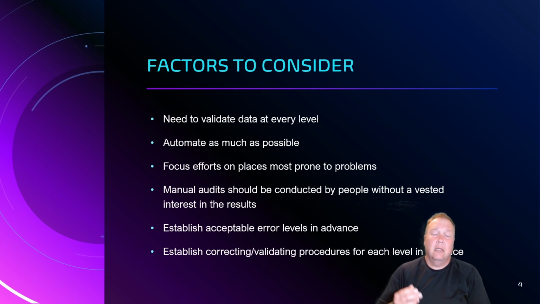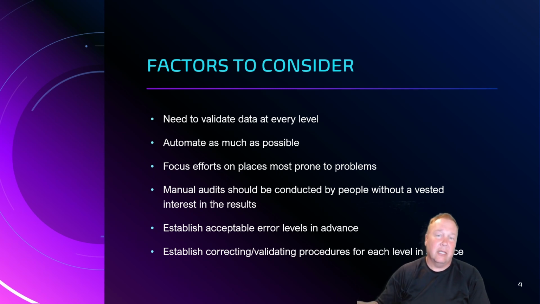Manual audits as you go through should also be conducted by people who don't have a vested interest in the results. And that's kind of important. The manager of a group should not be auditing their own group, for example, especially if that manager's bonus package is tied to the results of the audit.